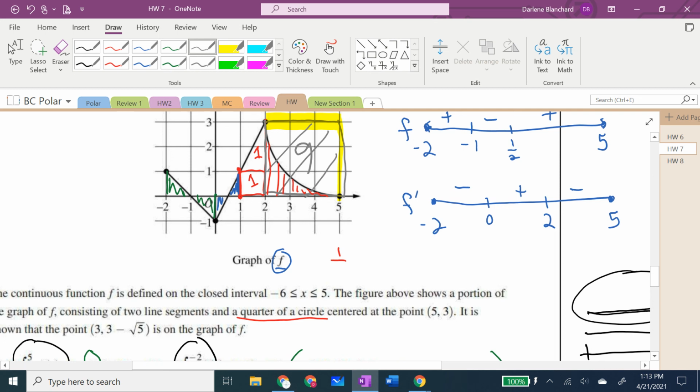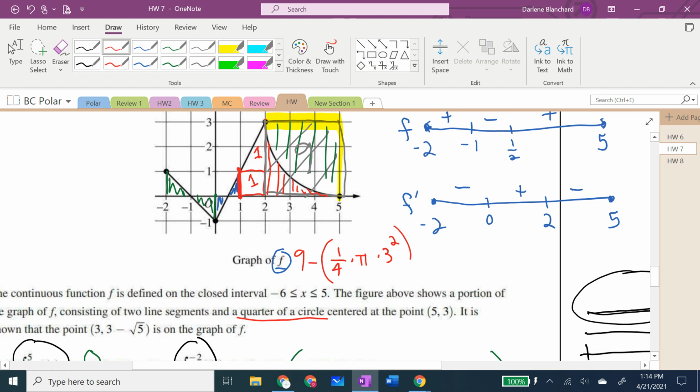And then I'm going to subtract from that the area of the circle. The area of the circle is 1/4 of a circle, pi r squared. And again, that is going to subtract from 9.